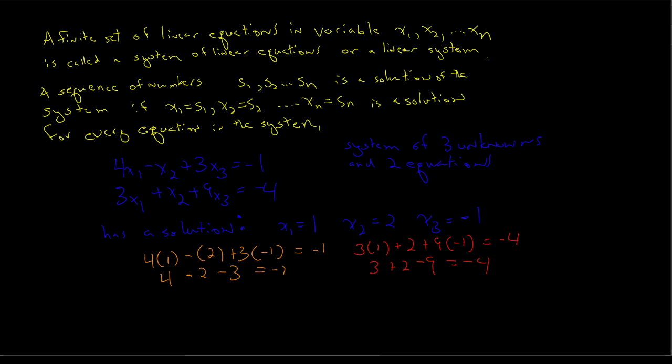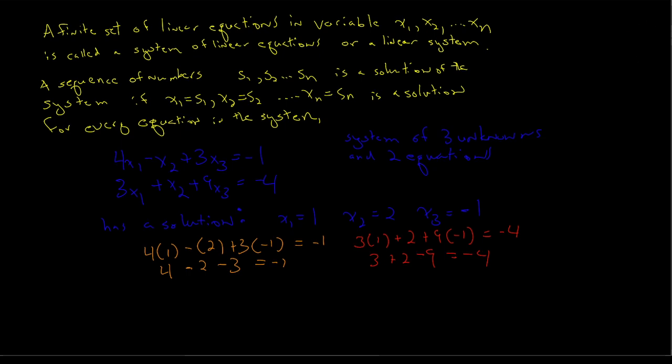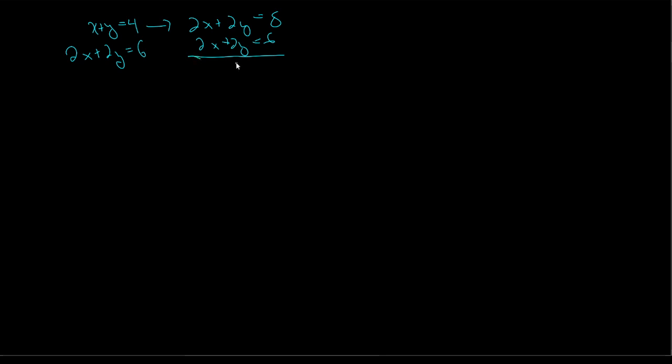Now, as we showed with the lines, not all systems of equations have a solution. So if we look at the system x plus y equals 4 and 2x plus 2y equals 6, well, if I multiply the top equation by 2 and then I subtract the two equations from each other, I get 0 equals 2.